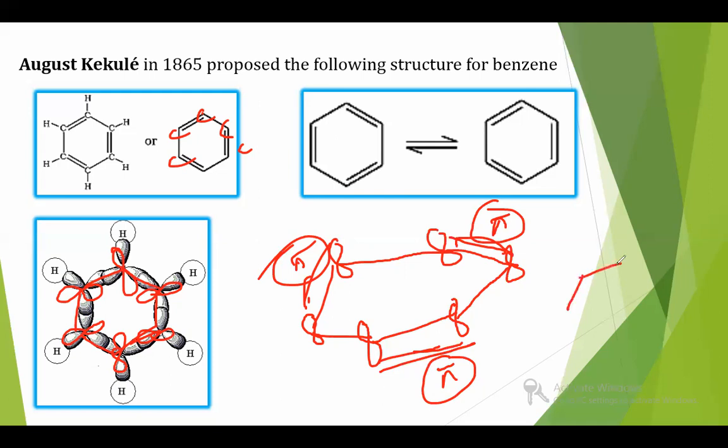If we write the benzene ring like this, above there will be an electron cloud and below there will be an electron cloud. I'll change the color here.